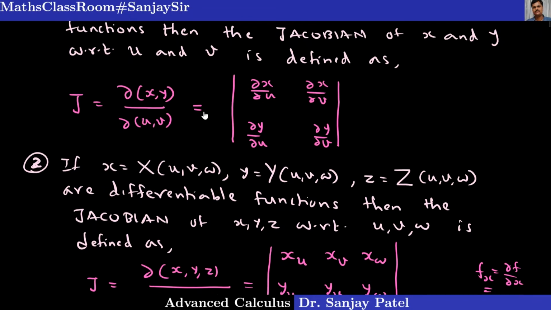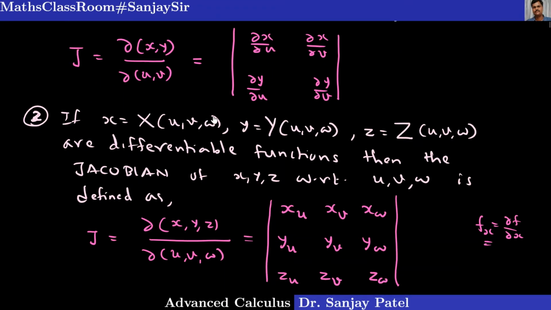These two Jacobians we are using as an intermediate for transforming multiple integrals from one system to another system. Why are we doing this? The main reason for transforming the integrals, double or triple, to another system is to simplify the given problem or to make the integration simpler.